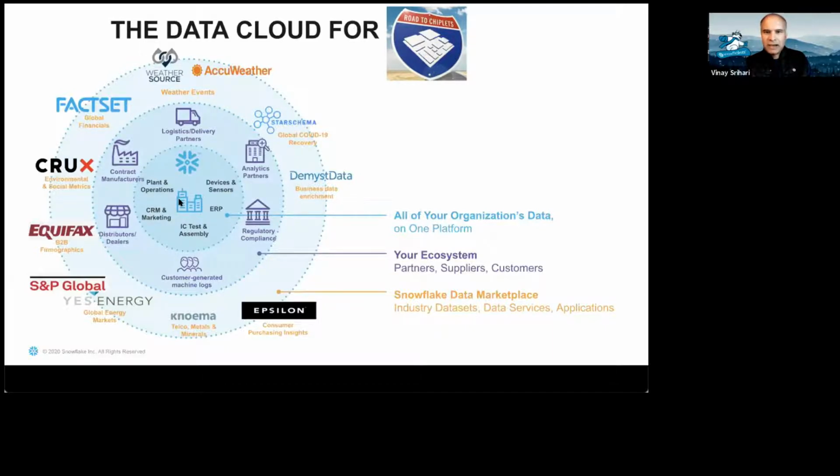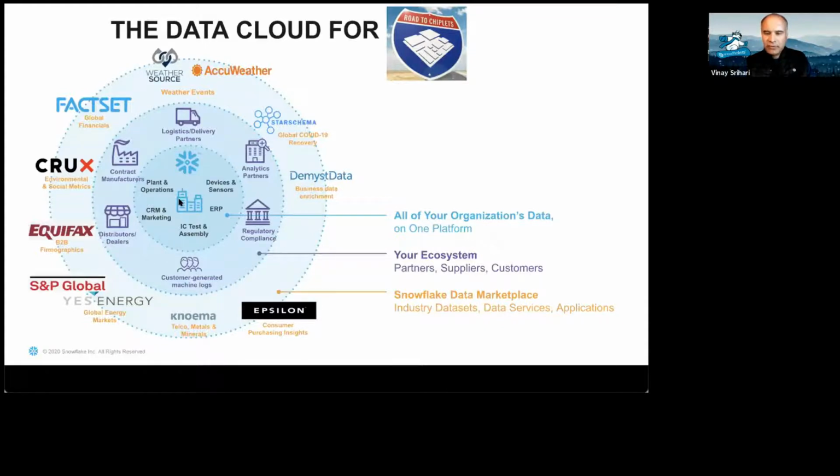So you might have weather event data, global financials. Crux has some environmental and social metrics data, firmographics from Equifax. And on the energy side, both S&P Global and Yes Energy have global energy market information. And this is all live data, data that is changing by the hour, by the day.